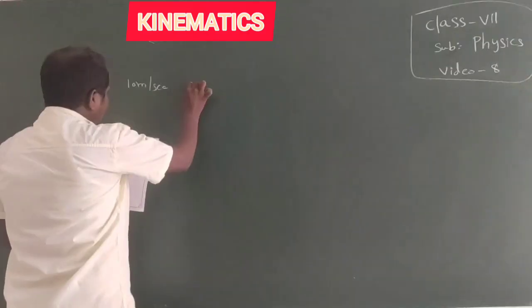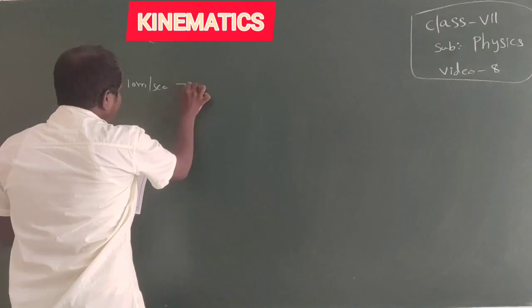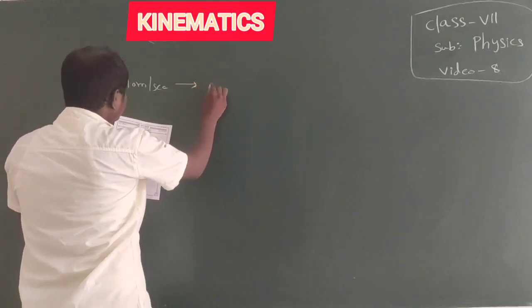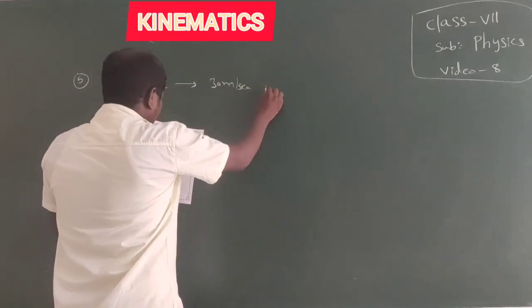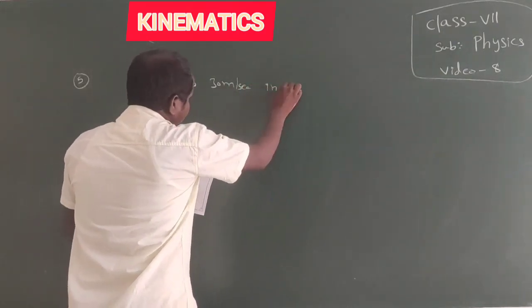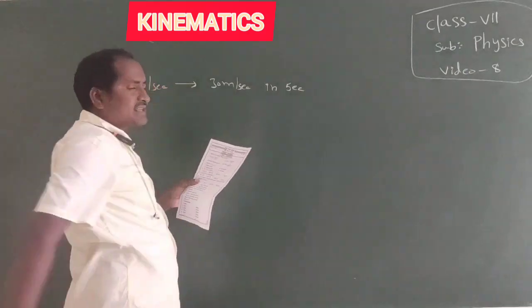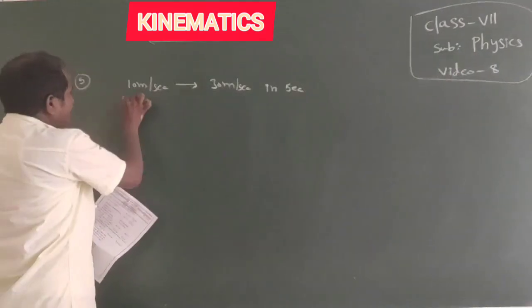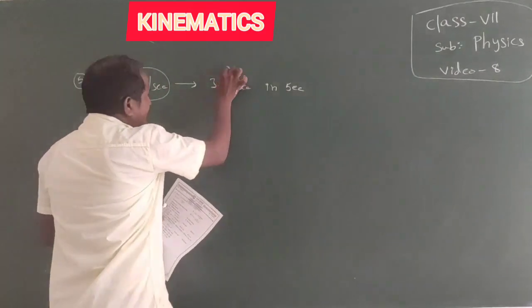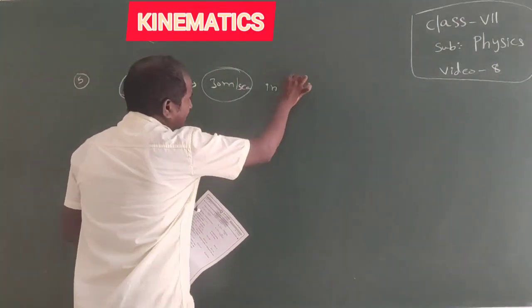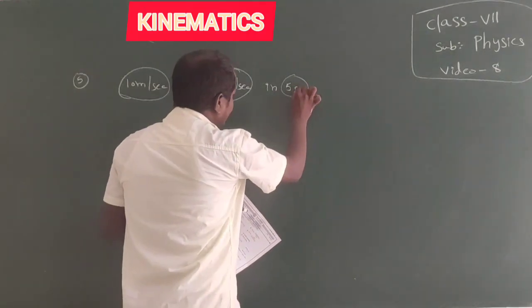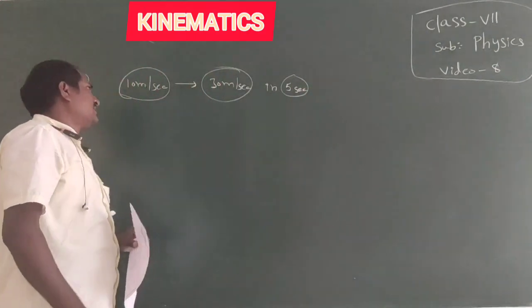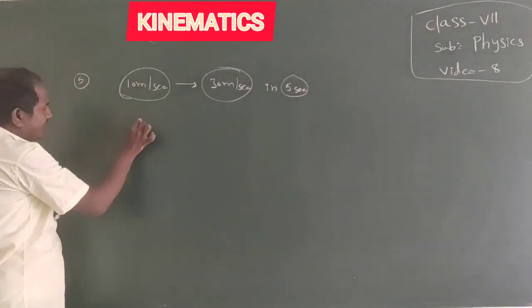So here 10 is the initial velocity, 30 is the final velocity, and 5 seconds is the time. So what is the acceleration?